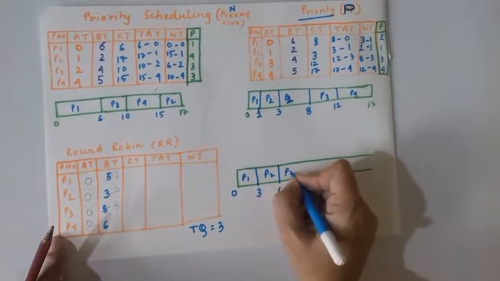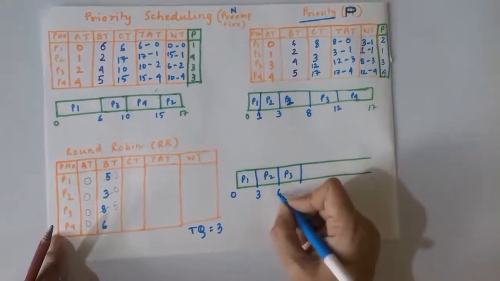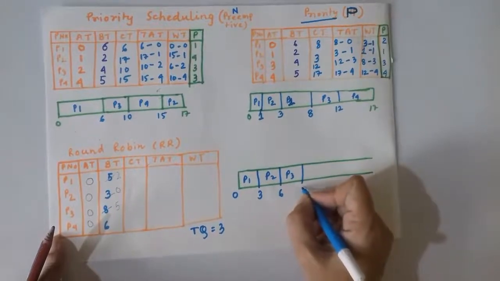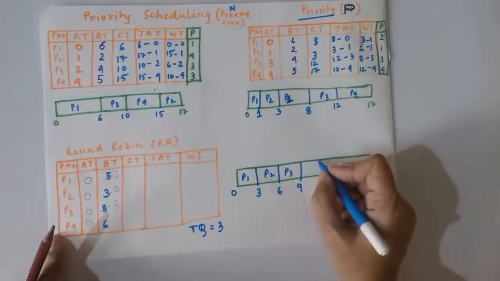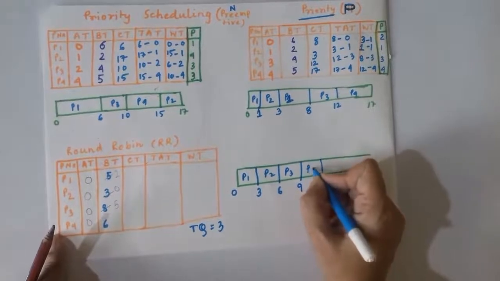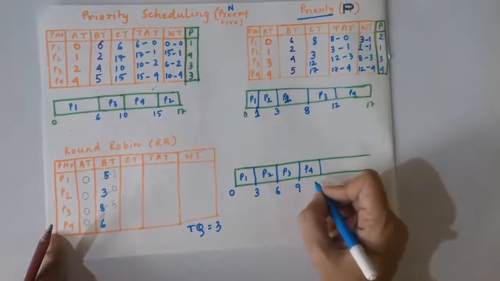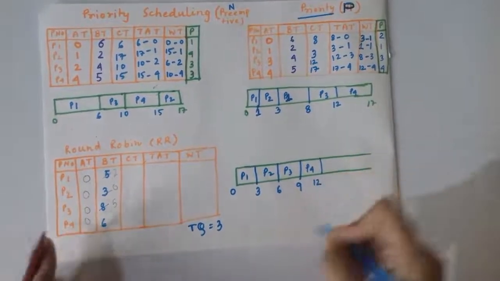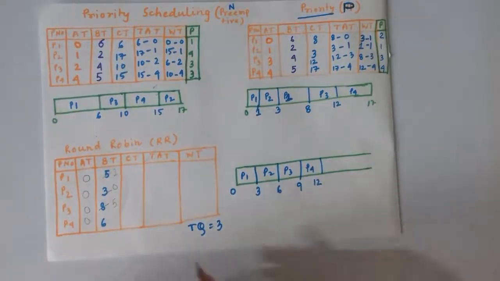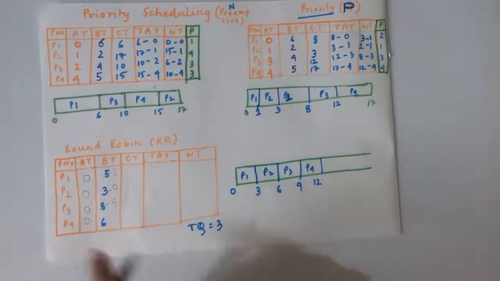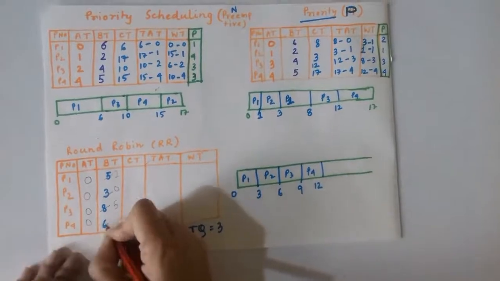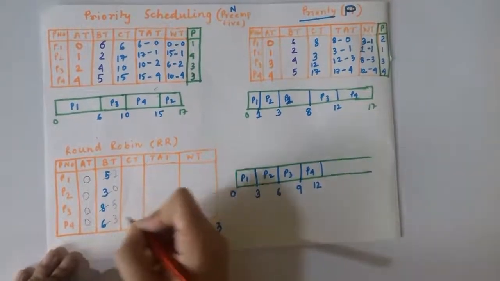So P3 will be executed, 6 plus 3, so it will be 9. Next P4 will be executed, so 9 plus 3, it will be 12. What will be the left out portion for P4? It will be 3.